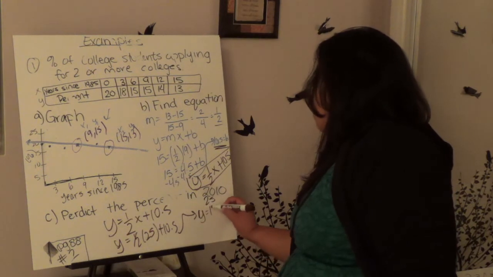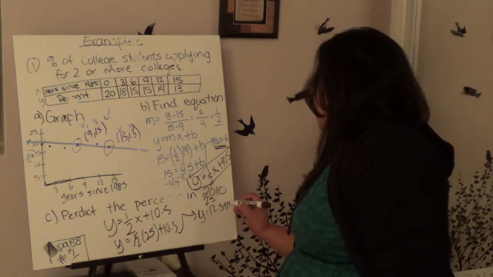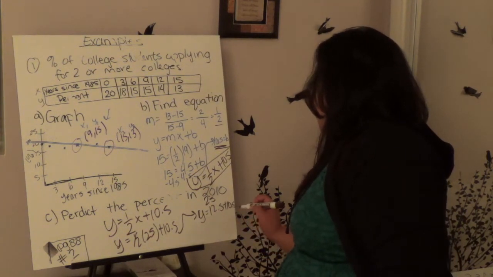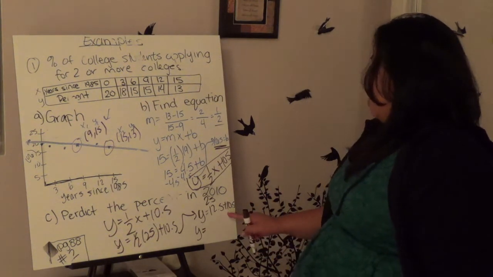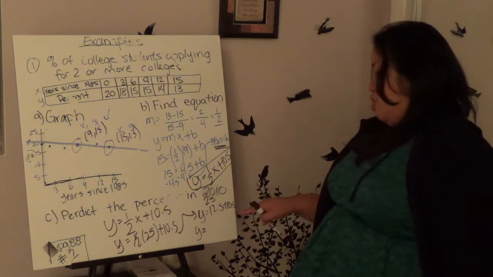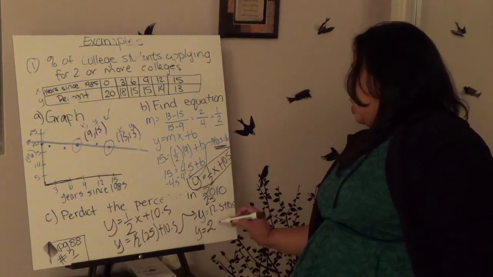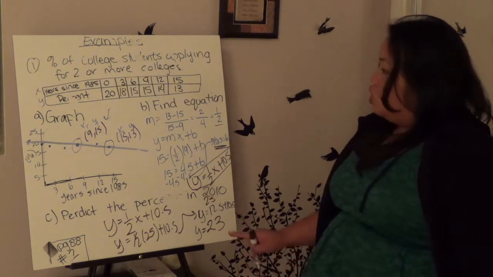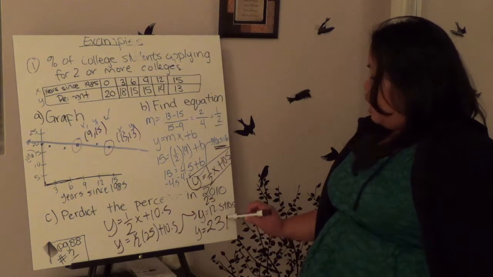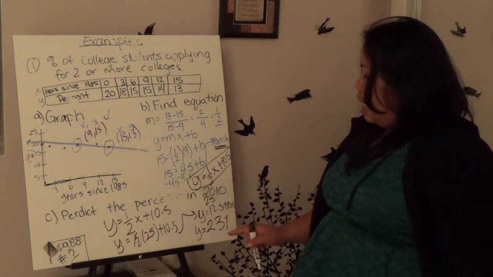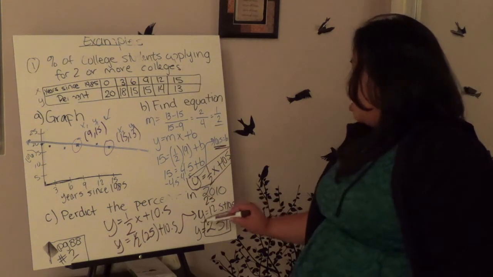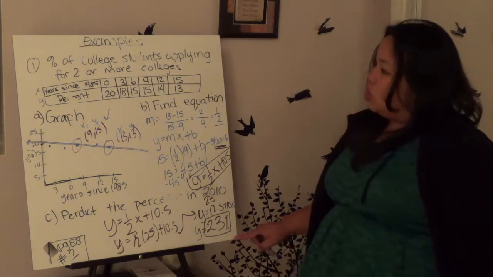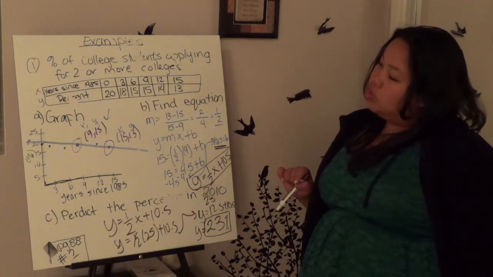So y equals 12.5 plus 10.5. I'm sorry, 12.5 plus 10.5 is 23. So what this tells me is that in the year 2010, 25 years from 1985, 23% of students will apply to 2 or more colleges.